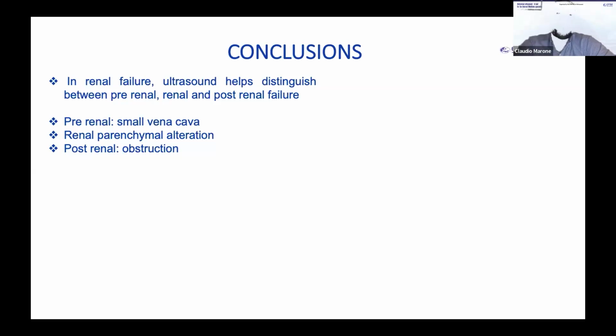If we think about pre-renal, for example from dehydration, we are going to use FOCUS, looking at the vena cava that can be really small, and giving a look to the heart. And post-renal, as I said a lot in this presentation, we are going to see the obstruction.